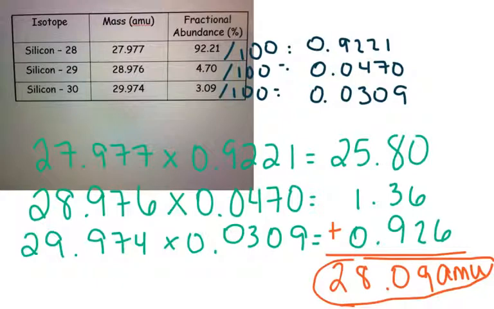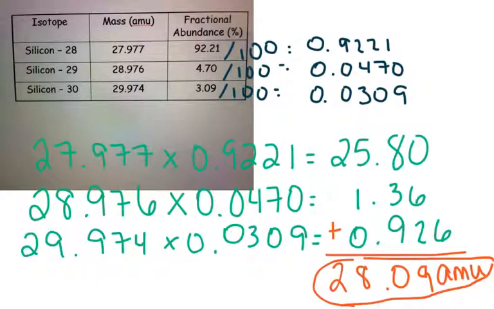Like 28.09 cannot be lower than 27.977 or higher than 29.974. It is mathematically impossible to have an average that is lower or higher than any of your numbers. It can't be lower than the smallest number or higher than the largest number. So if that happens, you've done something wrong.